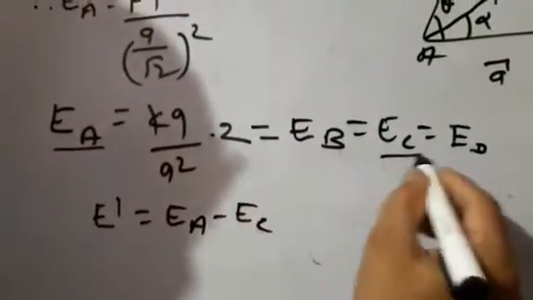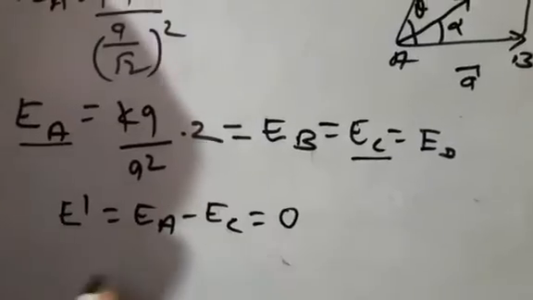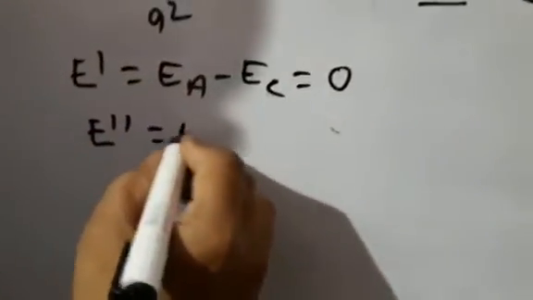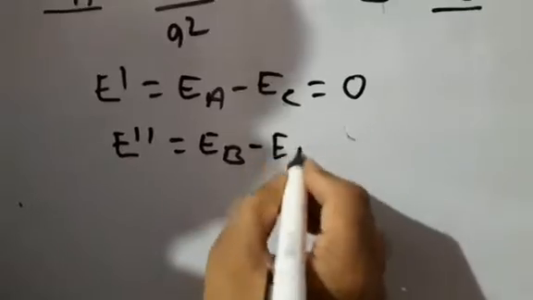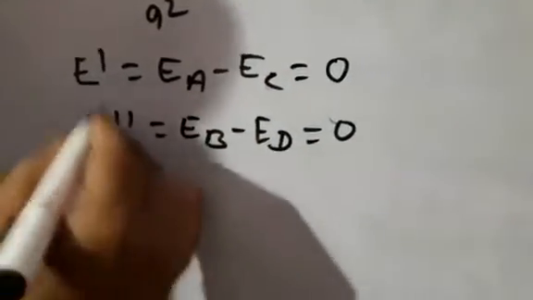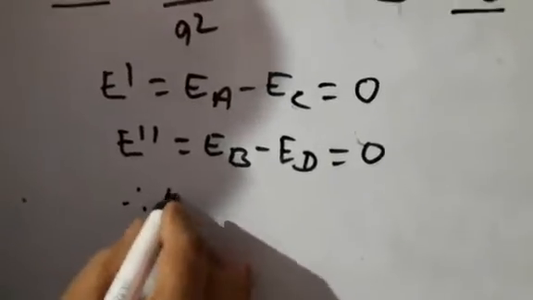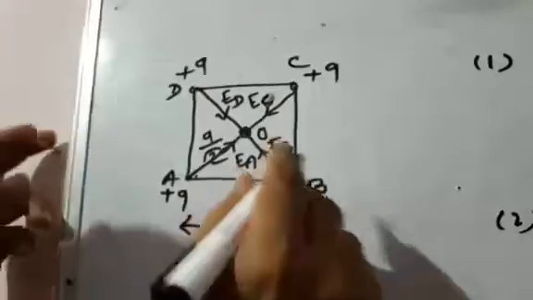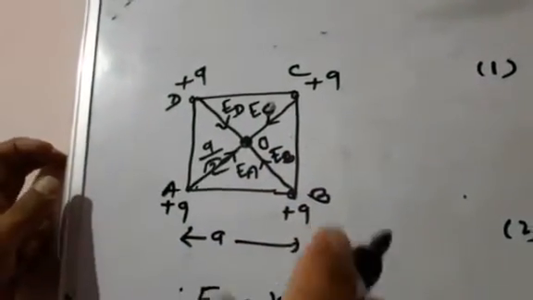Since directions of EA and EC are opposite and magnitudes of EA and EC are same, E dash is equal to 0. Similarly, net intensity due to B and D at the center, E double dash, equals EB minus ED, which is also equal to 0. And then resultant of E dash and E double dash is also 0. Therefore, net intensity at center is equal to 0.